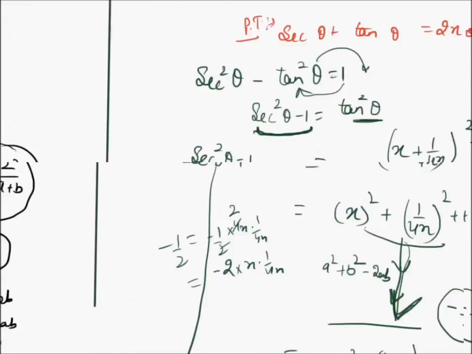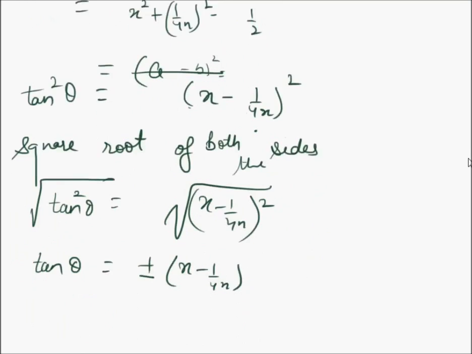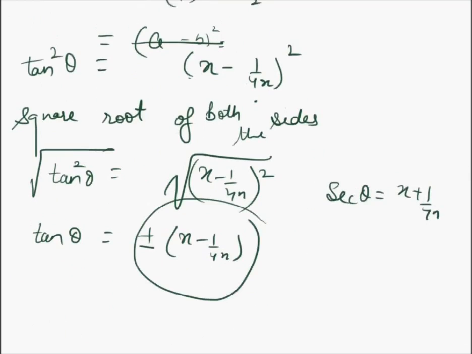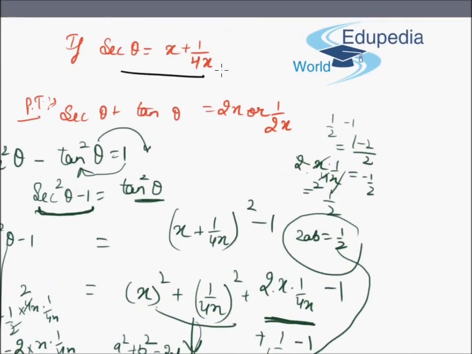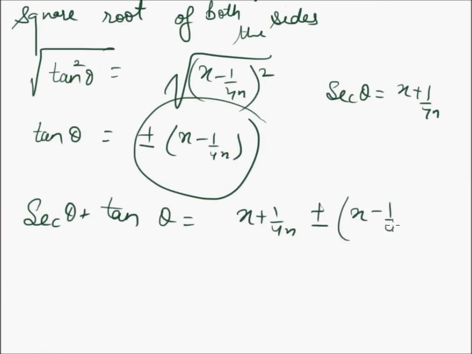Now in this question we need to find out secant theta plus tangent theta. Now secant theta is given as x plus 1 by 4x over here. So secant theta plus tangent theta will be x plus 1 by 4x plus minus (x minus 1 by 4x).